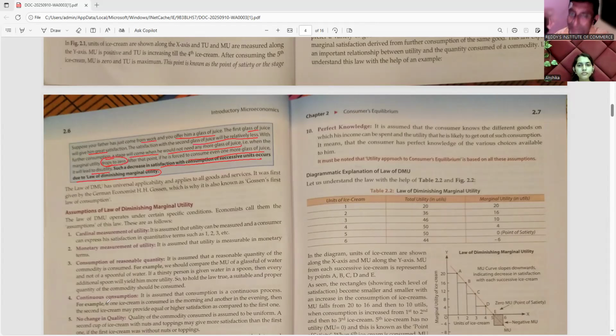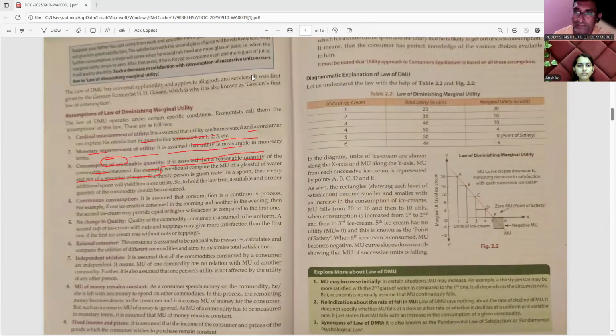That is why some assumptions are given related to the diminishing of marginal utility, which is called the law of diminishing marginal utility. Let's see them one by one. First of all, what is the meaning of cardinal measurement of utility?